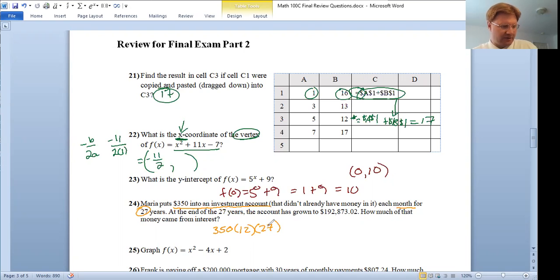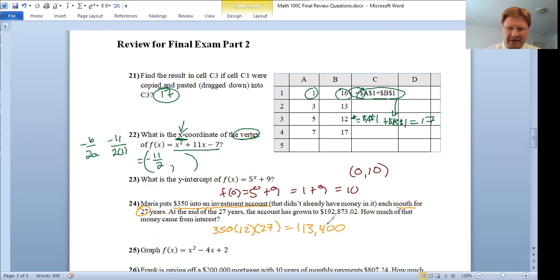If we punch that into our calculator, 350 times 12 times 27 gives me 113,400. So that's how much money she actually put in.